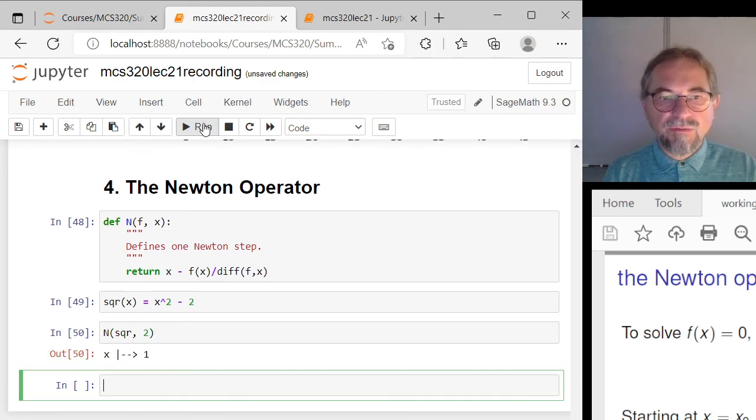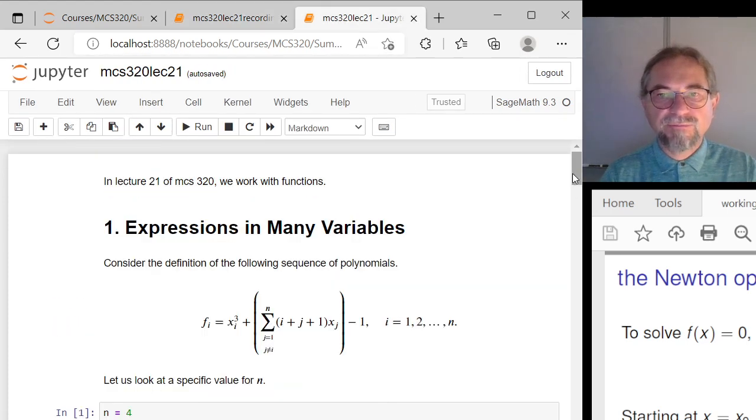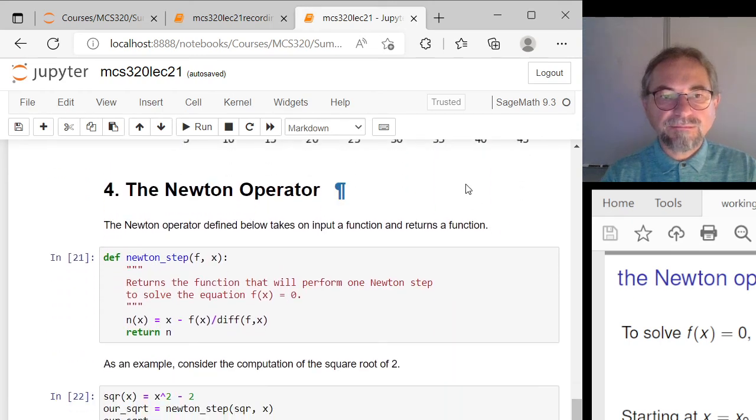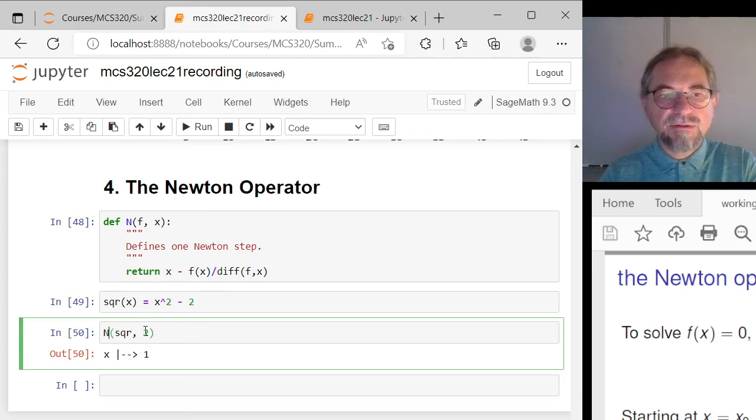Something went wrong here. So I think I have to cheat a little bit. So it is the Newton step that needs to be defined. So I want it to be too fast. So I have our square root is defined in this way.